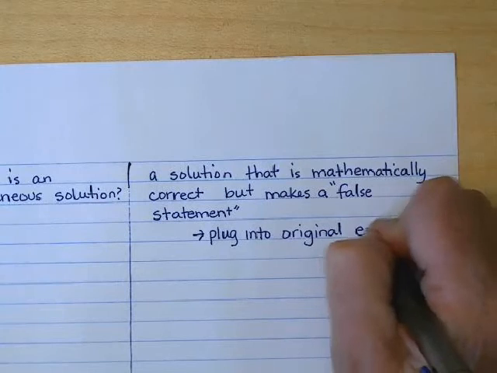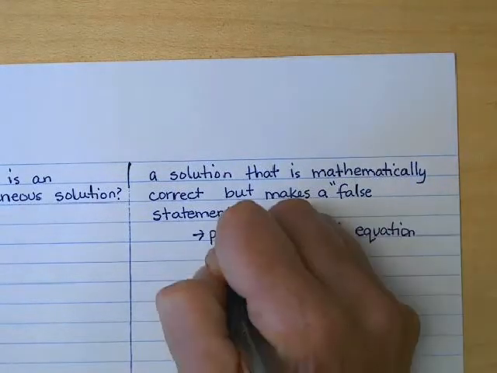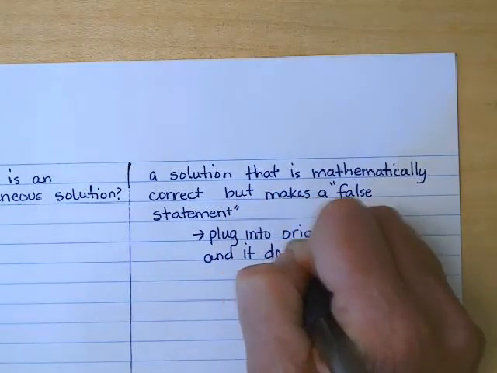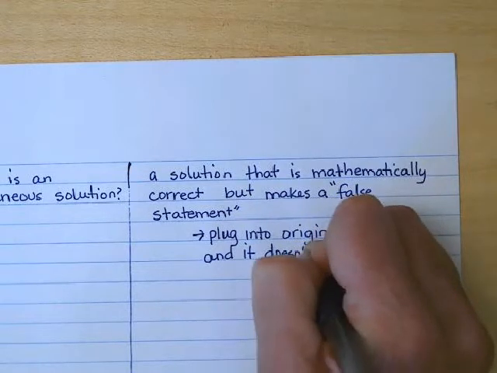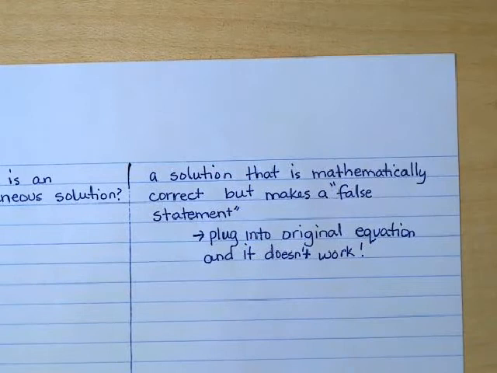And it doesn't work. And when you're working with square roots, sometimes that happens. So a lot of times we'll say always check for extraneous solutions.